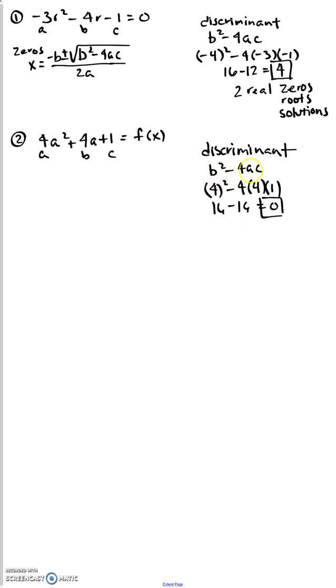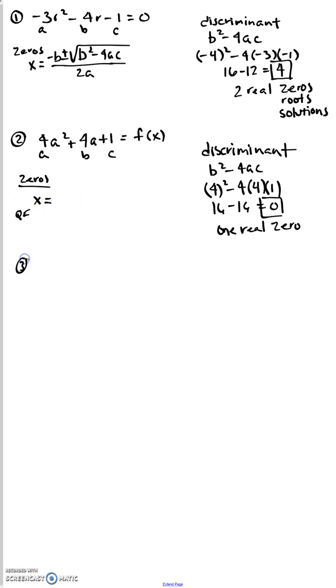And we know that if the discriminant is equal to 0, then there is 1 real 0. And going ahead to find the zeros, we'd have to set up the quadratic formula again. We'd have to do the quadratic formula.